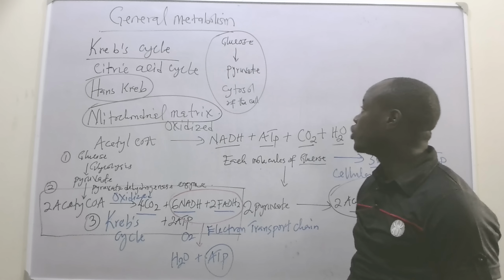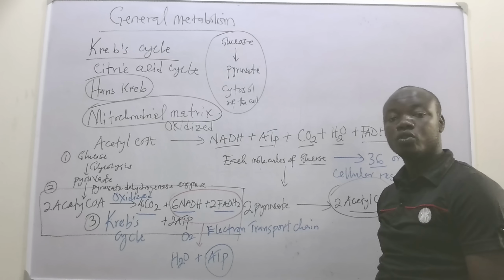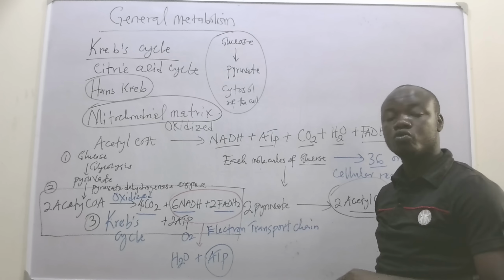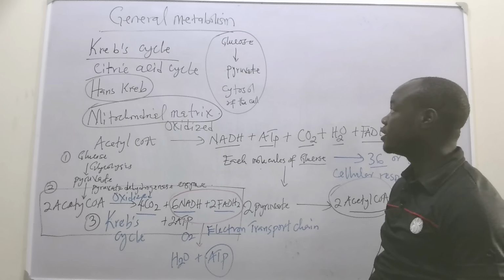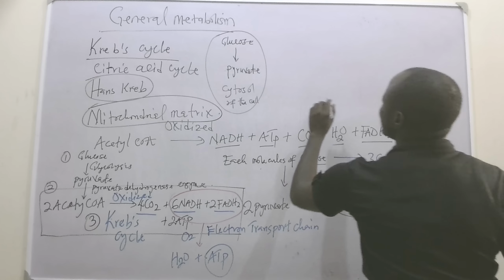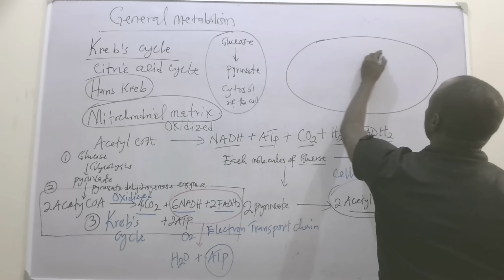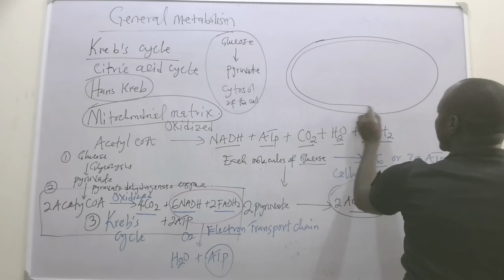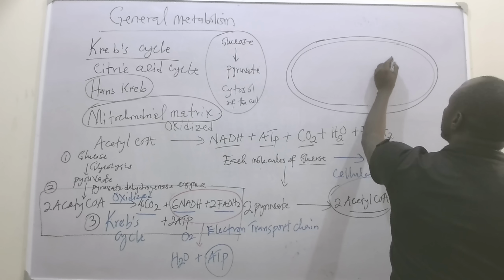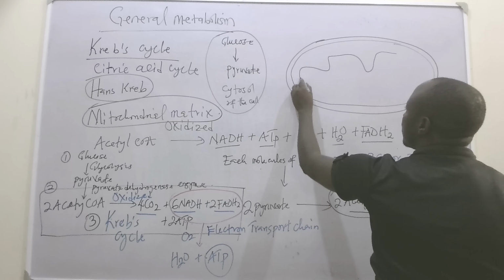So at this point we are going to look at the transport of pyruvates from cytosol to mitochondrial matrix for the Krebs cycle to take place. So that is the next thing that we are going to look at. Let's say this is where we have our mitochondria, like this.